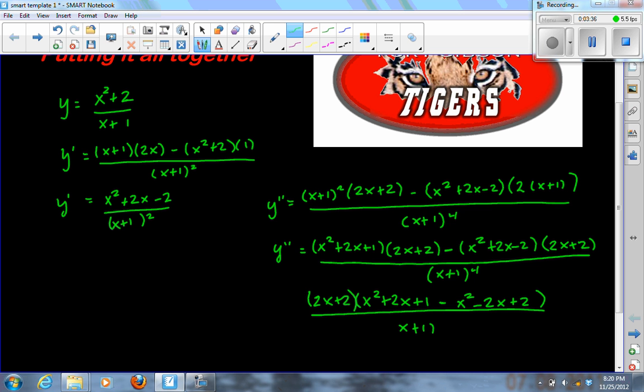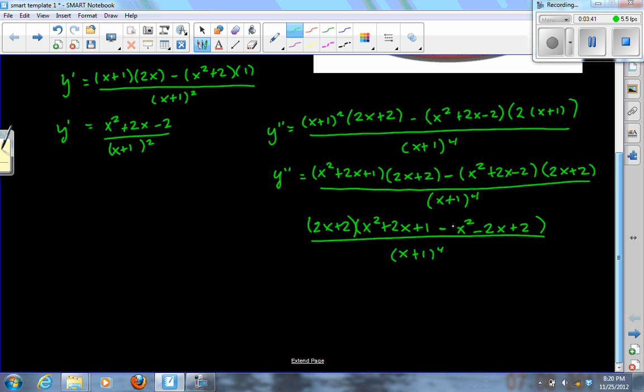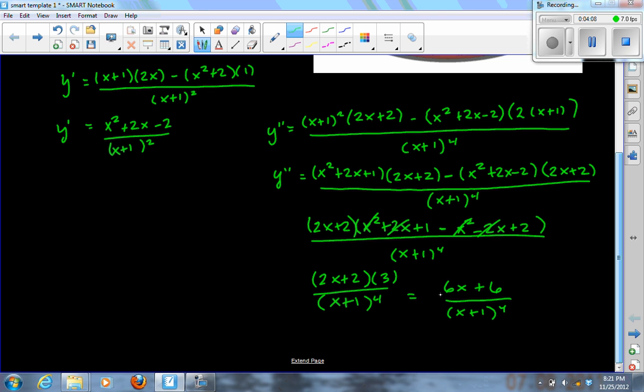Well, that helps me because I can simplify all this in here and not have to FOIL as much, not have to combine as much together. See, this goes away, this goes away. So yeah, that is much better. Now I just have 1 plus 2, which is 3, which is 6x plus 6 over x plus 1 to the 4th. Now this derivative is much easier to look at than any of these derivatives. It's the same thing, just cleaned up.